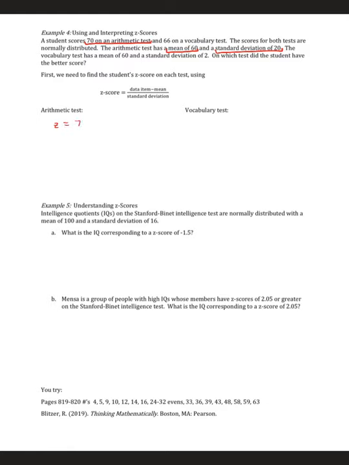The data item is 70, and we're subtracting the mean of 60 and dividing by the standard deviation of 20. Well, 70 minus 60, this one's pretty easy to compute in your head. 10 out of 20 is 0.5. So this tells us that they scored half of a standard deviation above the mean here. So they're very close to the mean on this test.